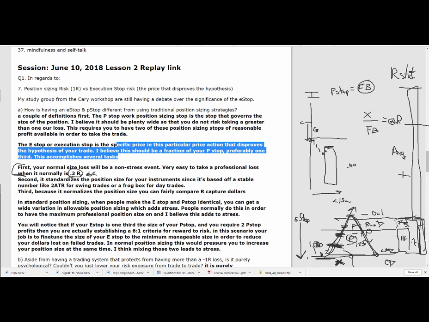Well, when that happens, a 0.3 R is a low stress event to me, because in my mind, when I take a position, I've already psychologically accepted that I'm going to take a 1R loss on this one. So if I take a 1R loss, I'm not shocked by it. I just know that I took a 1R loss. And my job is to not take a greater than 1R loss.